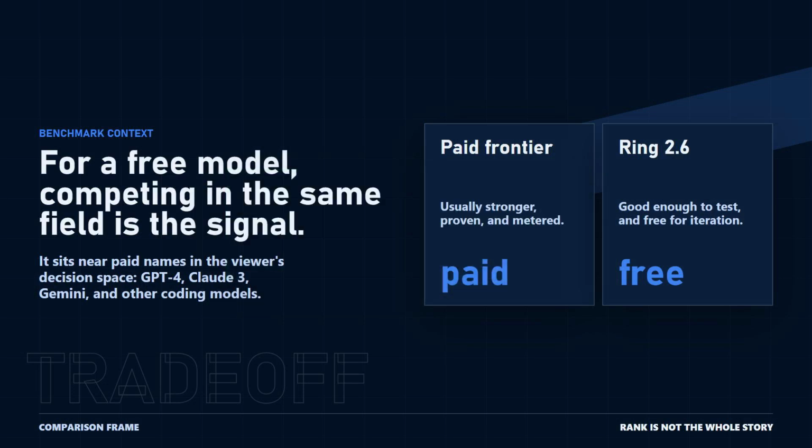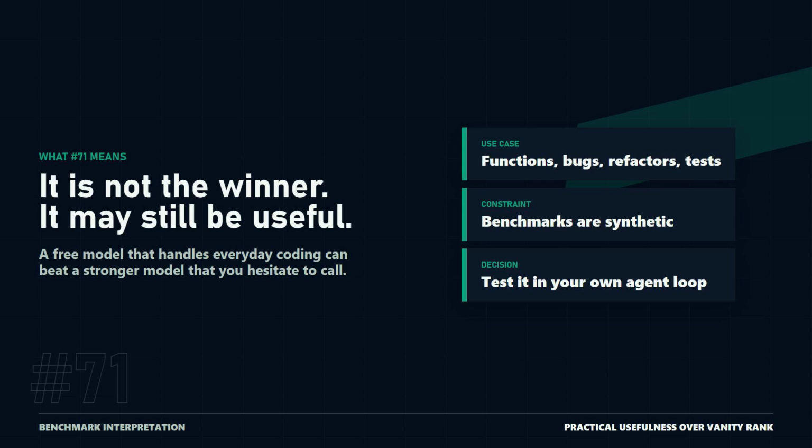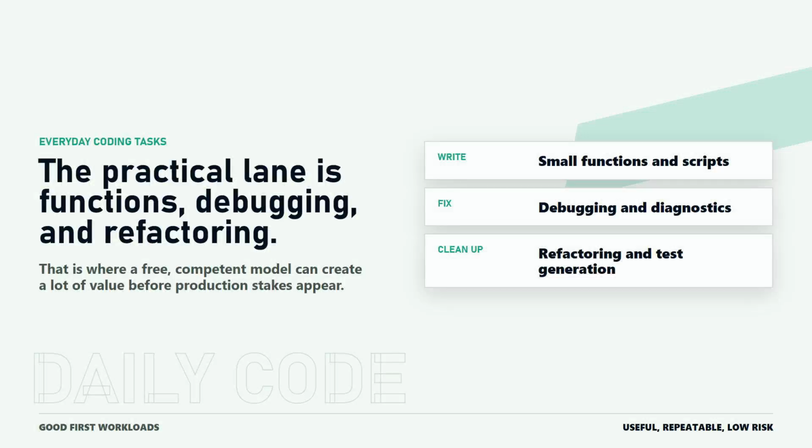That doesn't sound flashy, but consider this: it's competing against models like GPT-4, Claude 3, and Gemini, most of which cost money per token. For a free model, hitting number 71 is impressive. It means for everyday coding tasks, writing functions, debugging, refactoring, it's competitive.